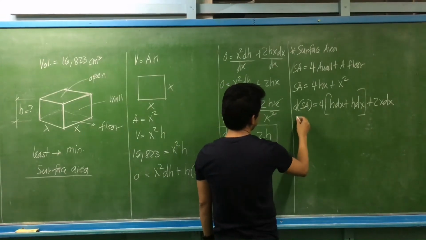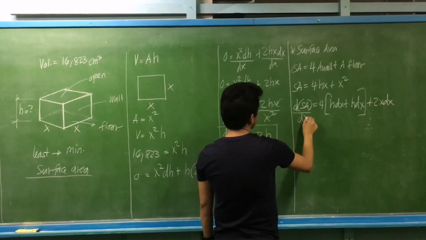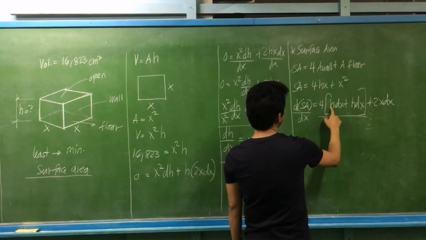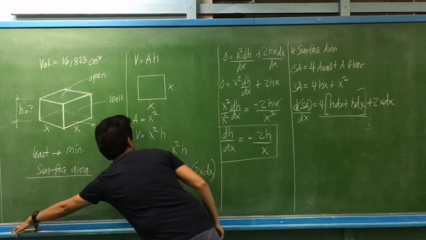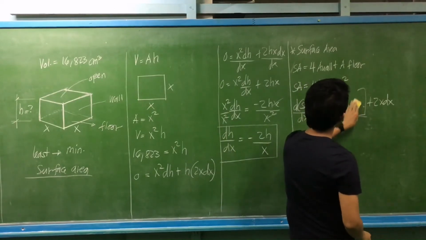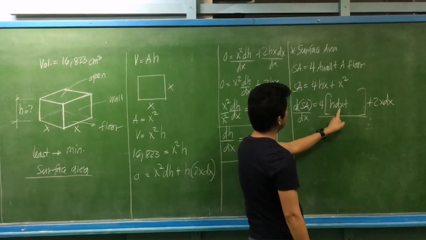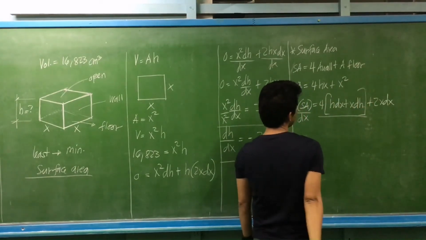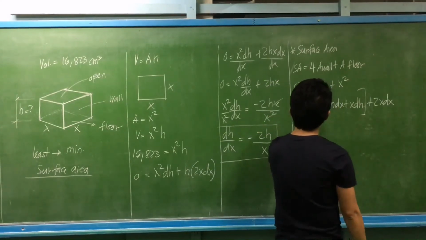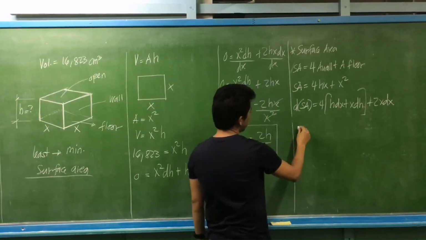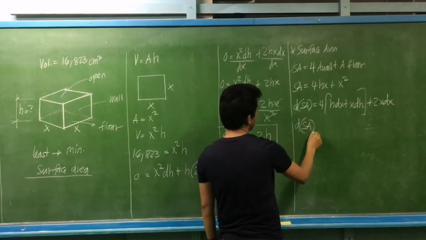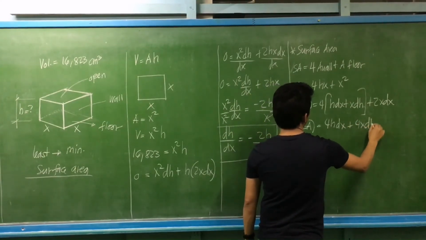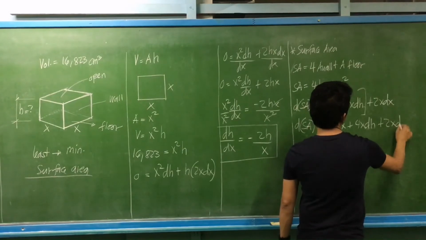Then divide all terms by dx. Sorry, it's the other way around. First term, derivative of the second term. The second term, first term is h, derivative of the second term is dx, plus the second term, derivative of the first term. So, let's simplify first. Differential surface area is now equal to 4h dx plus 4x dh plus 2x dx.